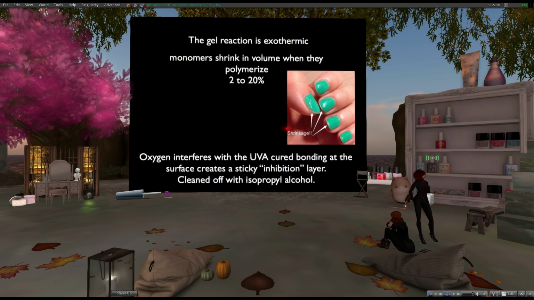The gel reaction: you coat your nail with the monomer and the photoexcited molecules, and you hit it with ultraviolet for 20 seconds to 2 minutes. The polymerization reaction is exothermic, and so it heats up your nail. And some of the earlier ones, the hard gels, some people's nails would heat to 150 degrees Fahrenheit.